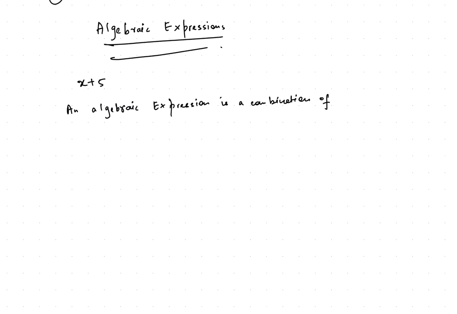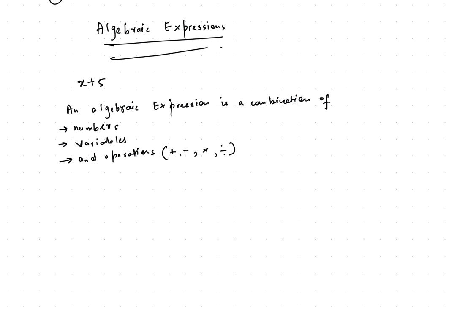That's the first thing. Second is variables. You know already what variables are: x, y, z, a, b, c. And operations or operators, for example plus, minus, multiply, divide; all of these are operations.